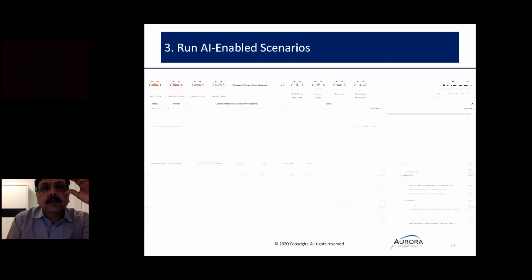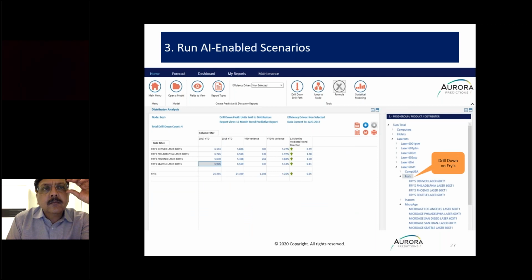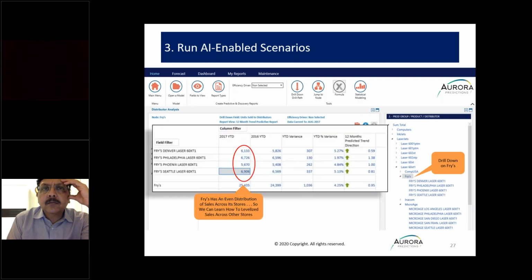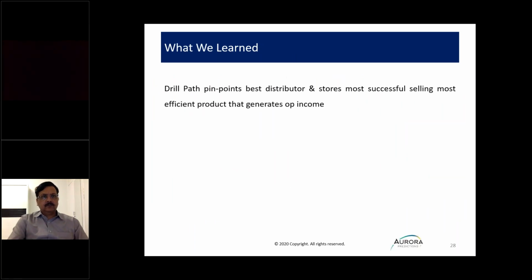Because now I want to come back to Fry's. Here we are, Fry's. I do a drill down on Fry's, and what I find in Fry's is how uniform the sales are throughout all their stores, including stores in Philadelphia and Seattle. So what have we learned?